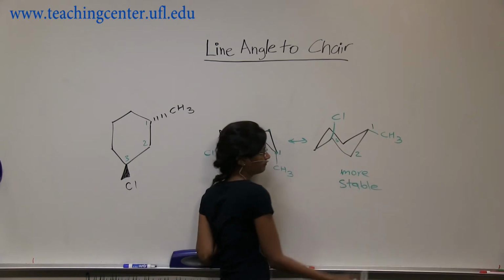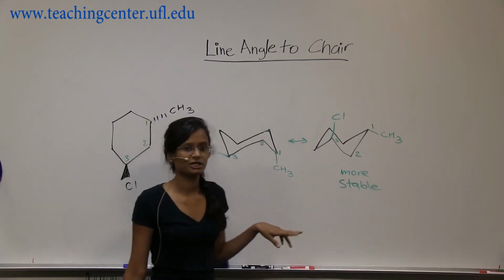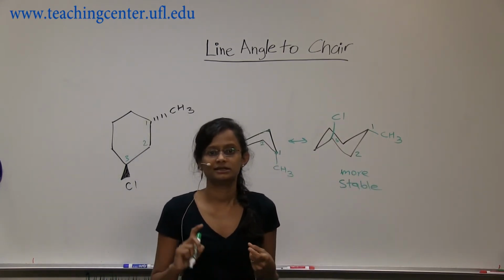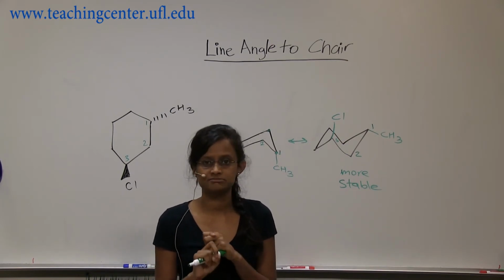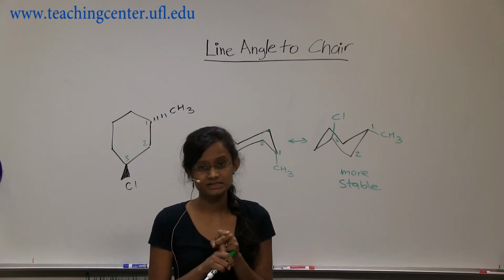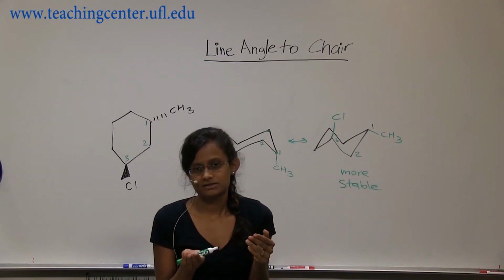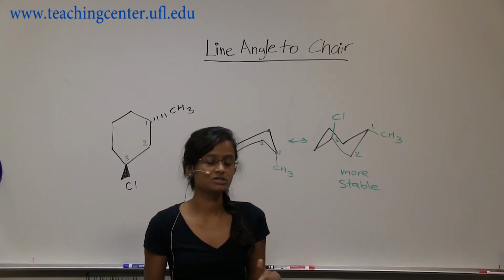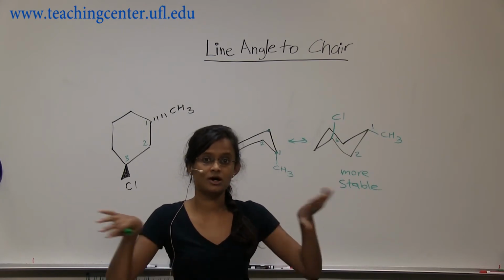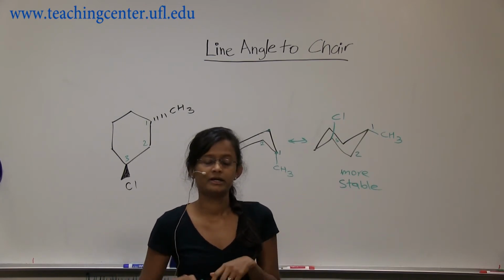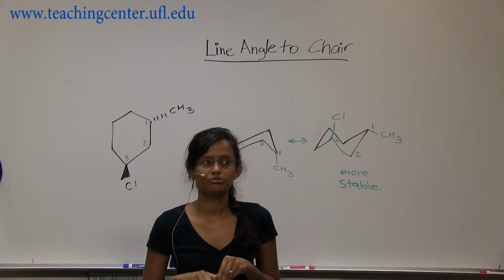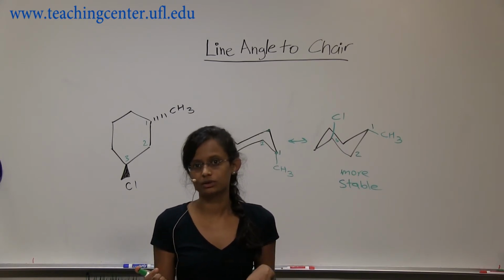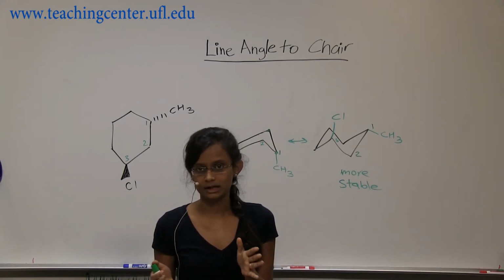So this is more stable. Conformers have the exact same connectivity and the exact same substituents where they are, except the position is different. So axial or equatorial is the position. Equatorial is always more stable because it's not in anyone's way. So we want our bulky groups to be on equatorial to call it a stable chair.